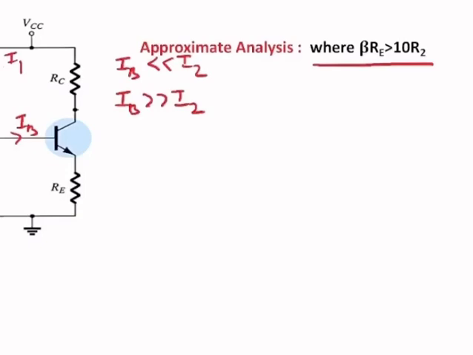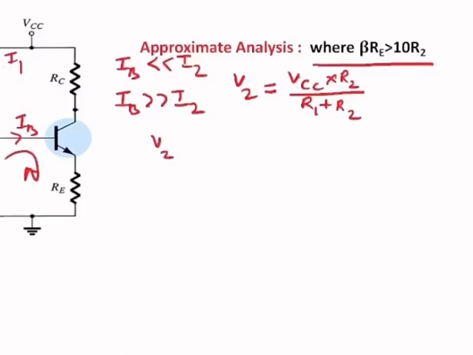For the approximate analysis, as the same current I1 flows through R1 and R2, it means these two are in series. As per the voltage series divider rule, V2 will be VCC into R2 divided by R1 plus R2. Now apply KVL in this circuit.